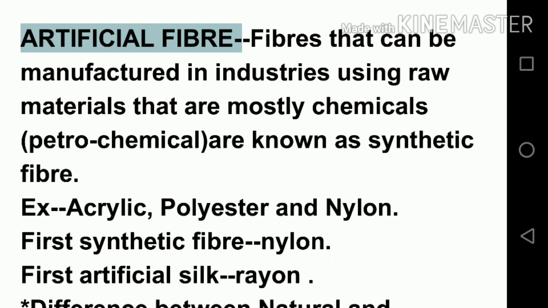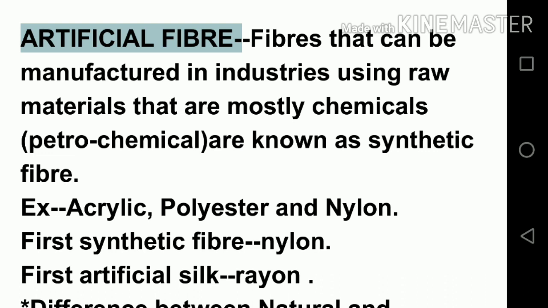For example, acrylic, polyester, nylon. So why are these artificial fibers made? Because these fibers are easy to maintain, and everybody can afford this kind of fiber. Poor people could not afford different natural fibers. So that is why artificial fibers are made.